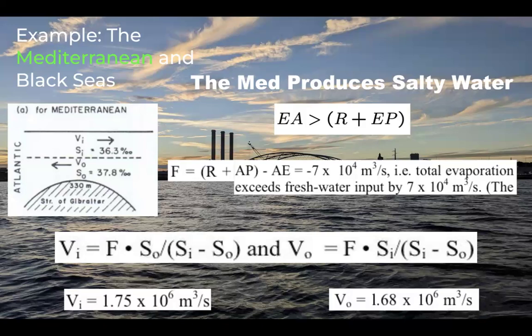And similarly, 100 times more outflow. So there's a huge amount of exchange at the Straits of Gibraltar, which you can think of as being either that there's a whole lot of evaporation, that's true, but that evaporation is multiplied by the fact that these two salinities are close.